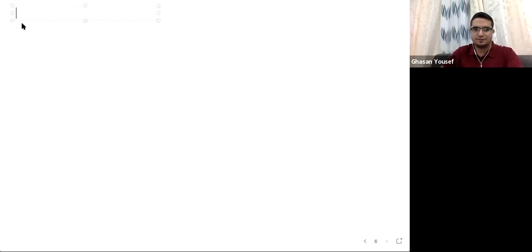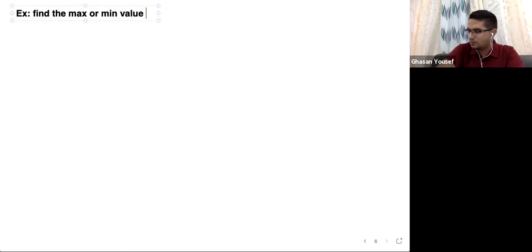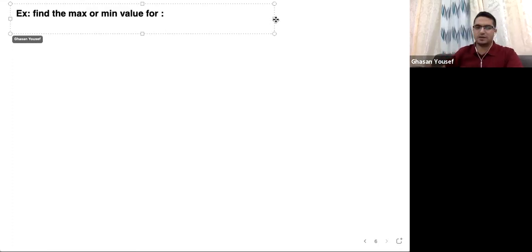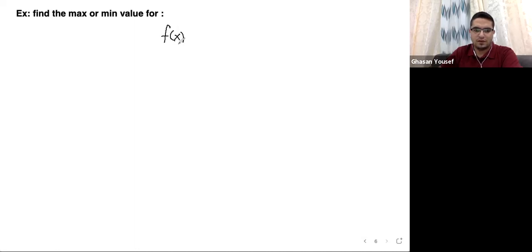Example: find the maximum or minimum value for the function f of x equals x squared plus 4x.